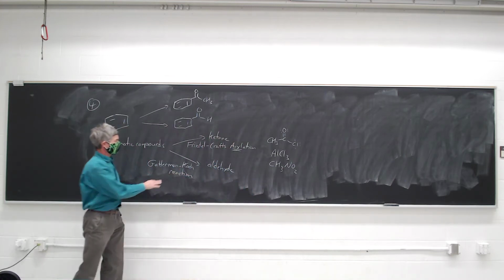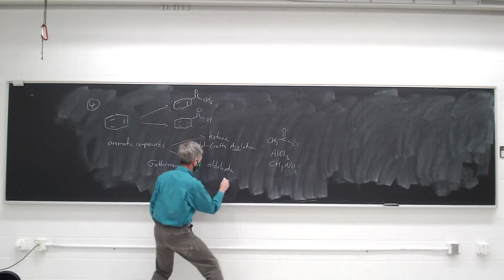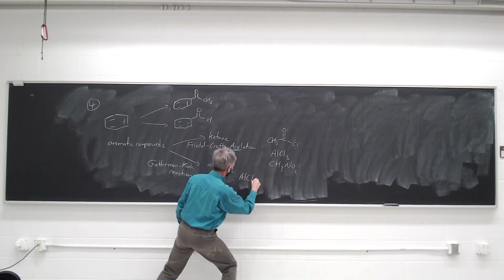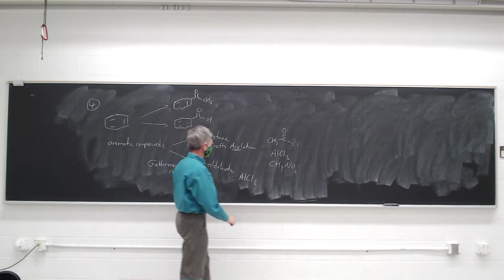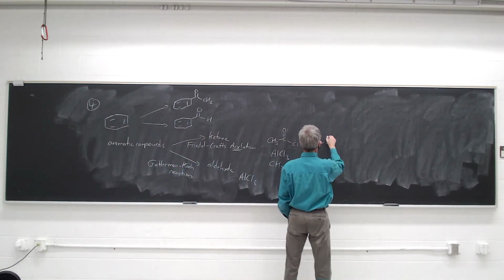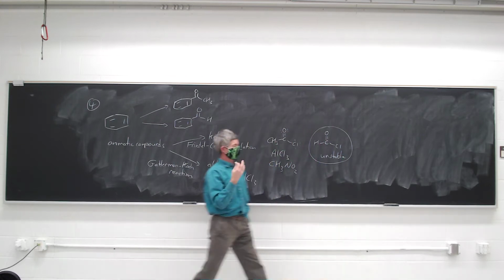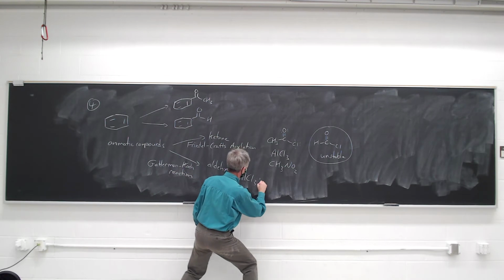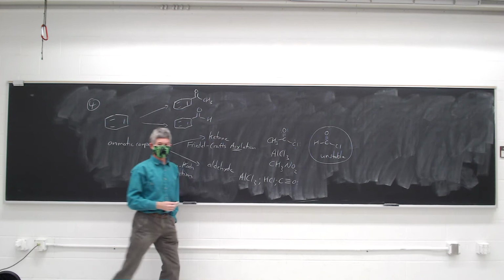The Gattermann-Koch reaction involves one of the same reagents, the aluminum chloride. But because formyl chloride is unstable, and you can't actually buy formyl chloride, we have to make that in situ by adding HCl and carbon monoxide gas.